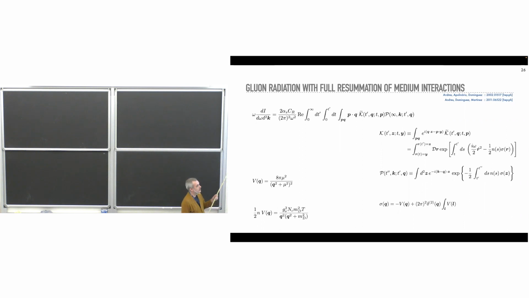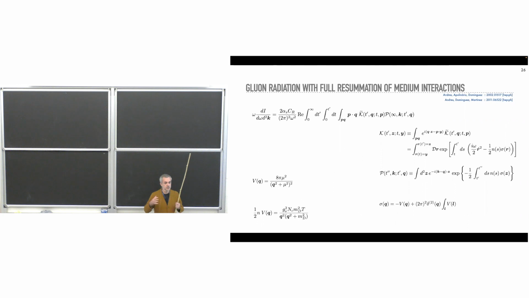I wave my hands, believe in things, and find the motivation to write this as a quadratic potential, the so-called harmonic oscillator approximation or q-hat approximation. And I do the calculation in closed form and I get a result. That result is good, or should be good, in regimes where what dominates are multiple soft interactions.